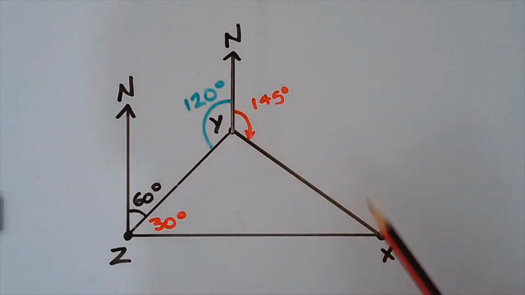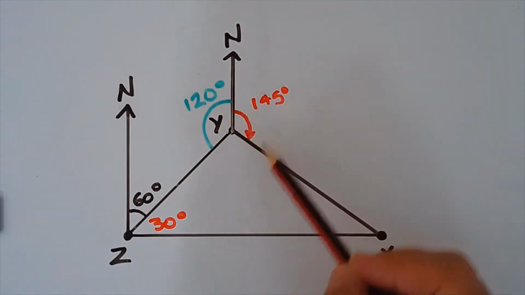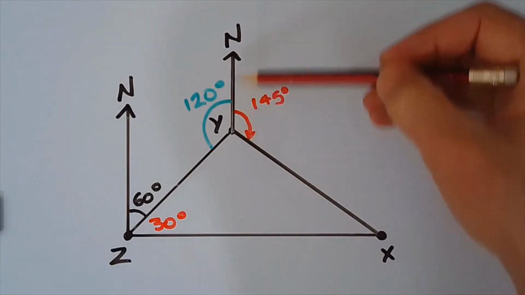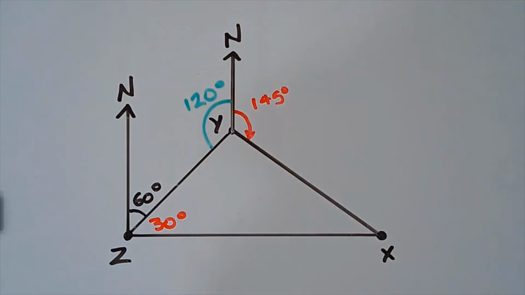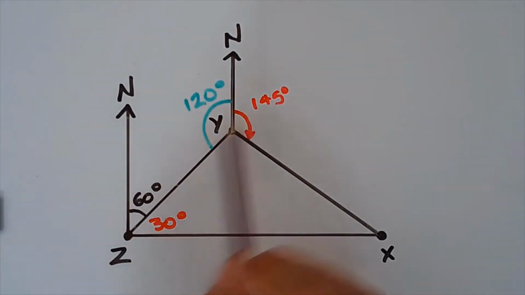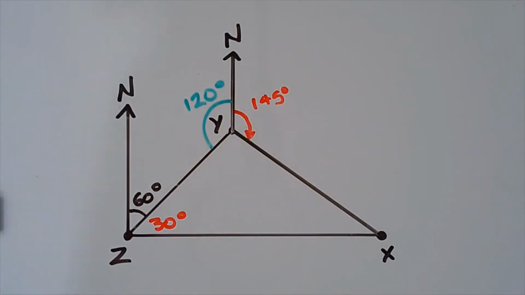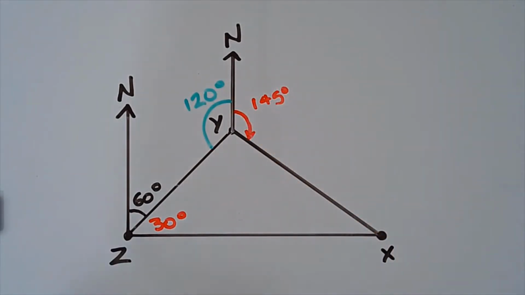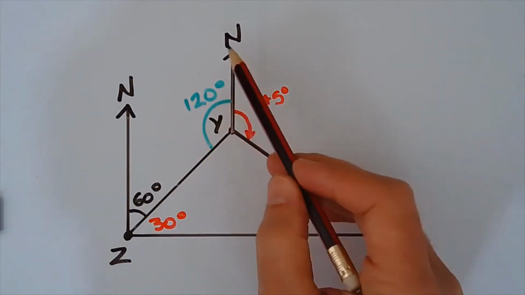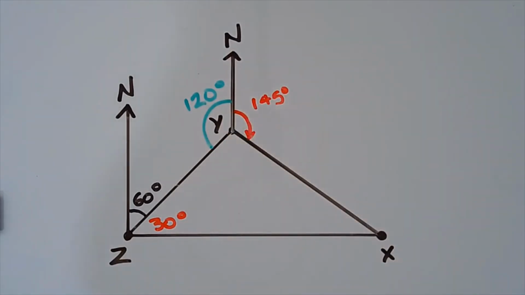Now, we know that X is on a bearing of 145 degrees from Y. So I've drawn another north-south axis from Y, upwards in a northerly direction. These two north-south axes are obviously parallel with each other. So that's 145 degrees. Since these two sets of axes are parallel, we can use parallel line geometry. If that's 60 degrees here, this angle NYZ is co-interior, which means these two angles must add up to 180 degrees.